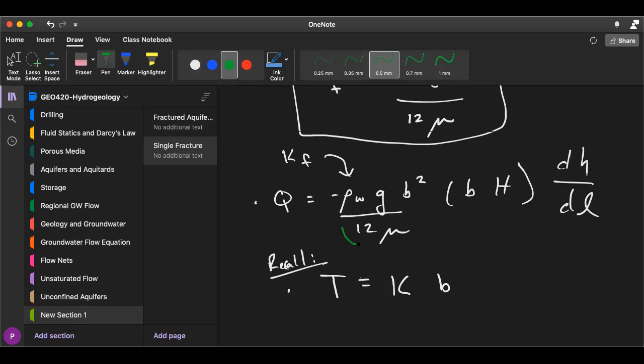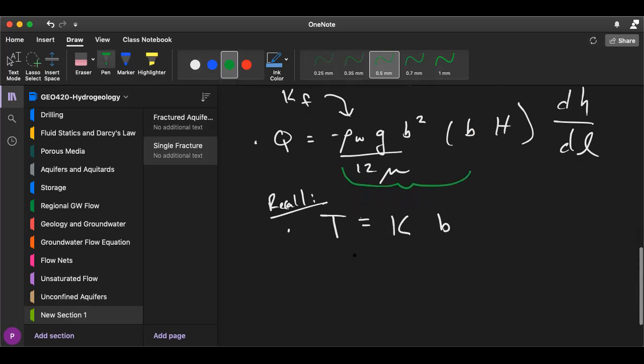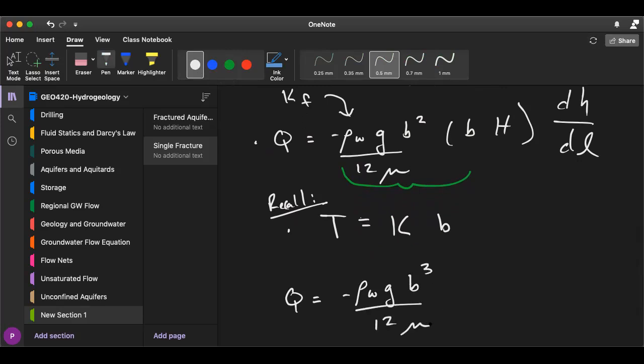So look, I've got Kf times b right here. So I can rewrite this as Q equals negative rho water g b cubed over 12 mu times H times dH/dL.